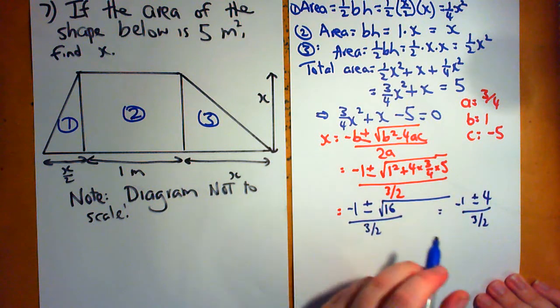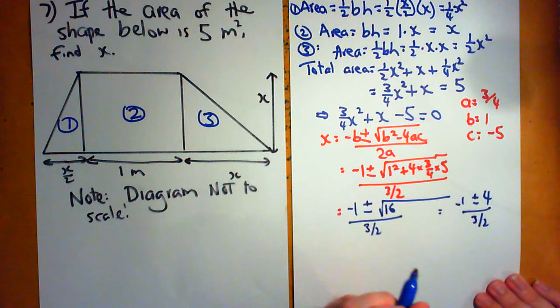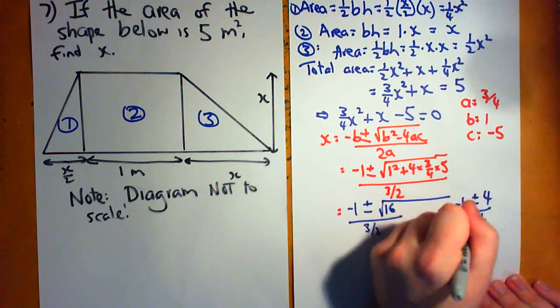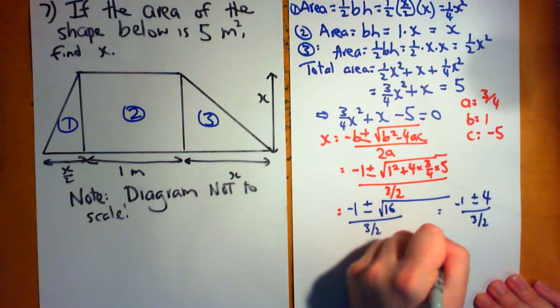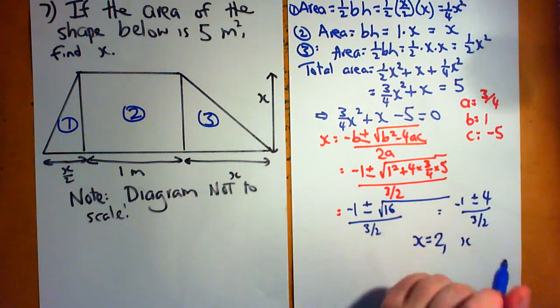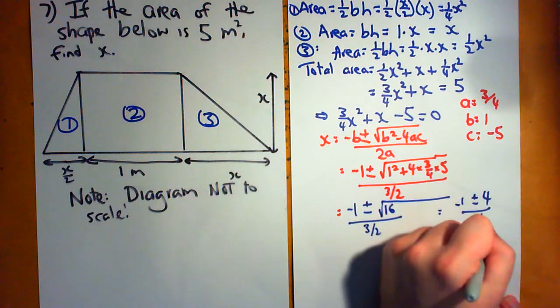So minus 1 plus or minus 4, there will be two answers here. One solution will be x equals positive 2, or x equals a negative solution, which is minus 10 over 3.